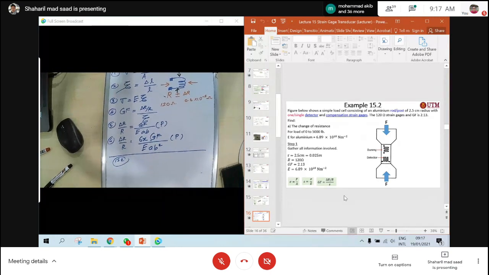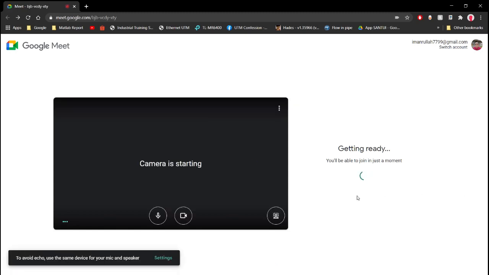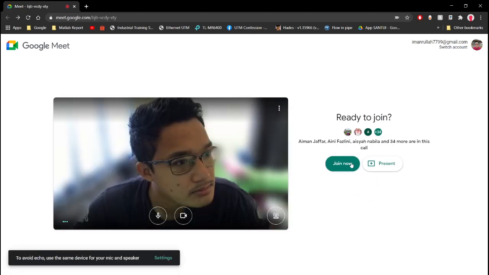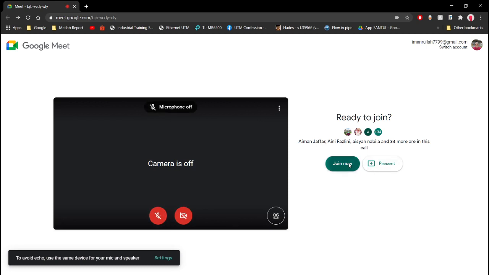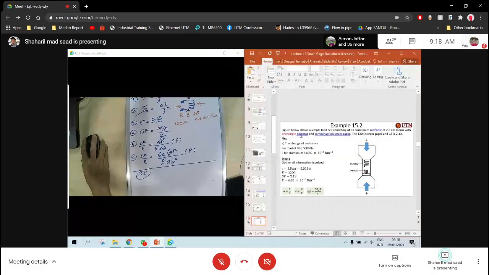The figure below shows a simple load cell, formula number 5, consisting of an aluminum rod. Ignore first the words catheter and compensation strain gauge.